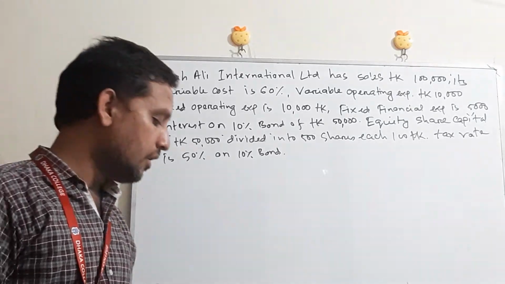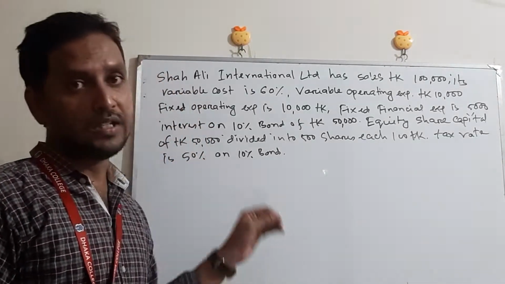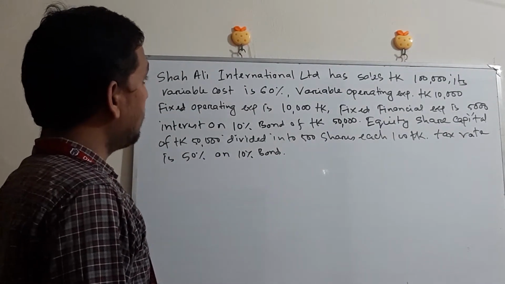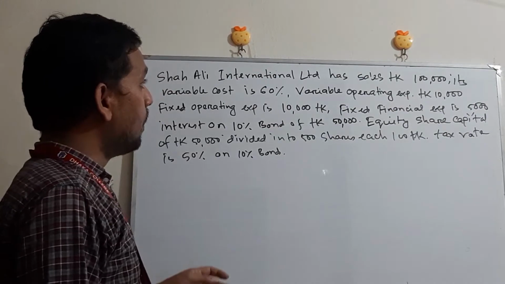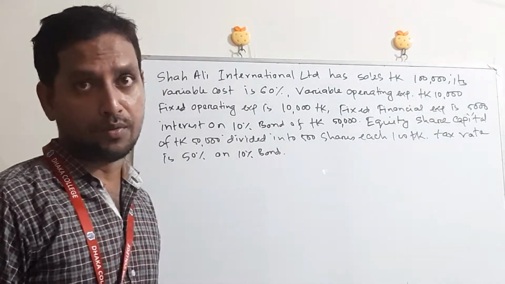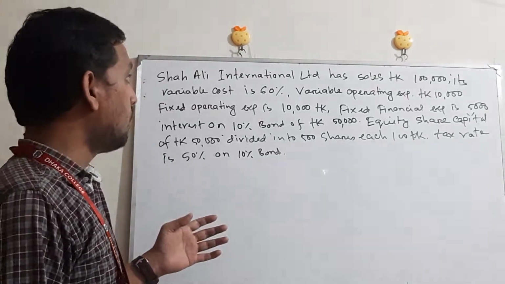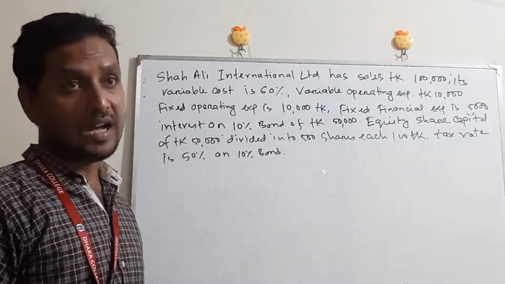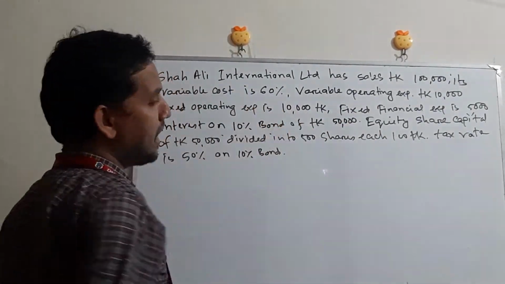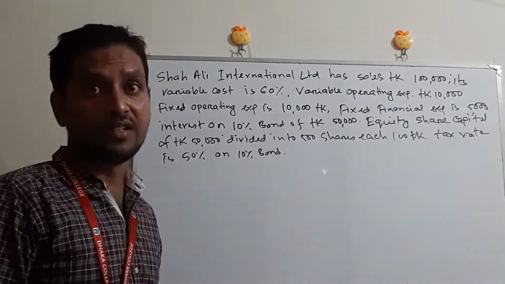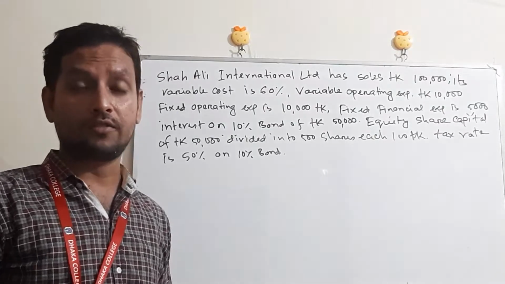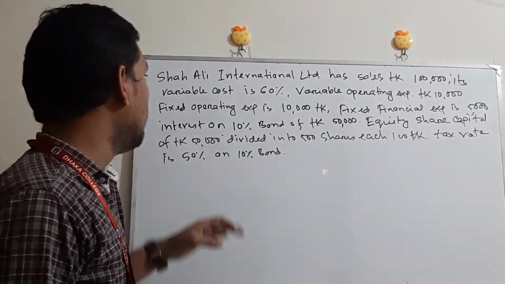What do you see here? I see that there is 60% variable cost. It is told that it is CGS, I mean cost of goods sold. Okay, fine.